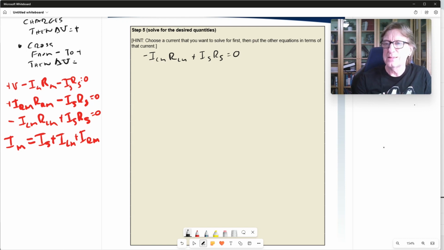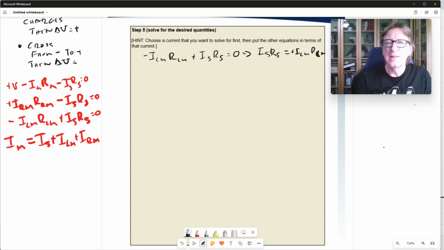So I want to isolate it by itself because I'm eventually going to plug that in somewhere else. So I'm going to move it to the other side. And that tells me that I_S over R_S is equal to positive, let's just go ahead and explicitly write it out, positive left motor over right motor. And so I want to divide, left motor here.